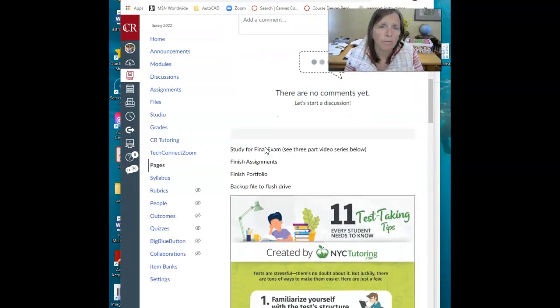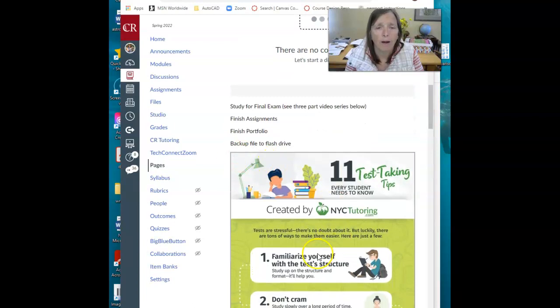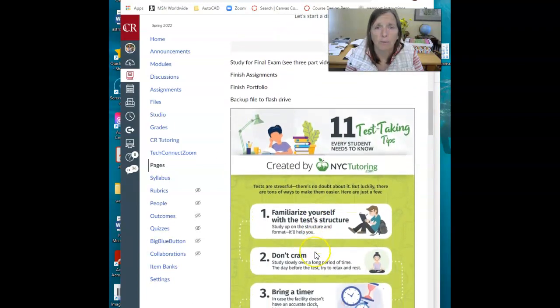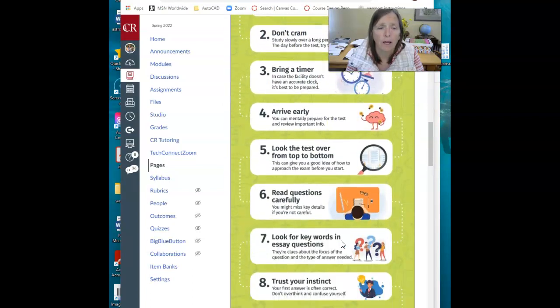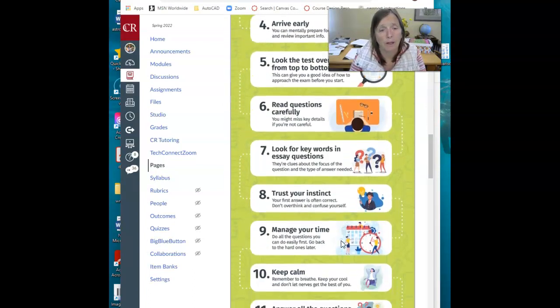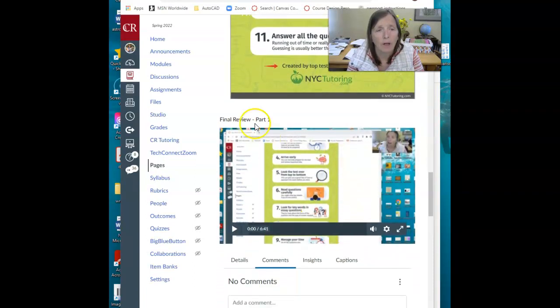The actual learning materials really consist of this infographic, which is test taking tips. I go over every one of these as they might apply to the students' class here in the video part 1.